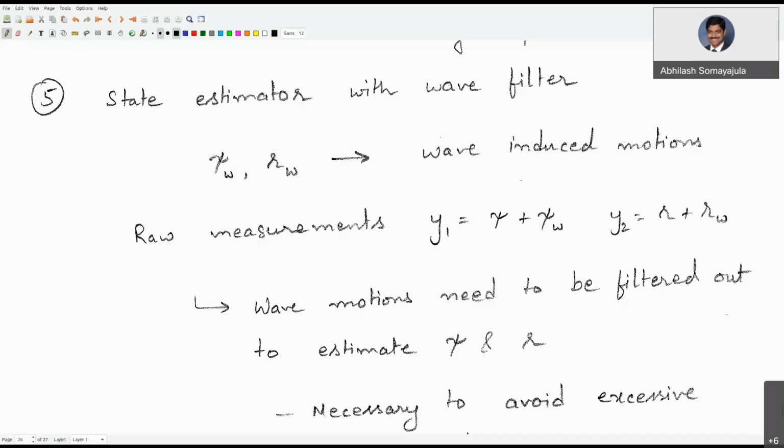And when we are trying to define our controller and we want to give a feedback of our current heading angle to our control system, we do not want to give this oscillatory behavior of first order wave systems. We don't want to pass them back to our controller, because if our yaw rate is very quickly varying, then our rudder will be trying to compensate for these dynamics by quickly varying itself.